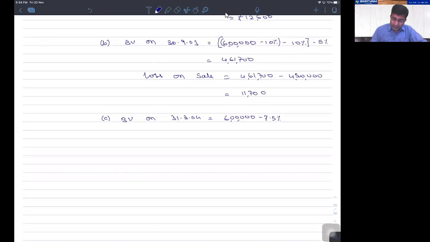So for 2001-2 it is 7.5%, less 10% for 2002-3, and less 10% for 2003-4. Accordingly, the book value comes to 6 lakh minus 7.5% minus 10% minus 10%. That is 4,49,550.